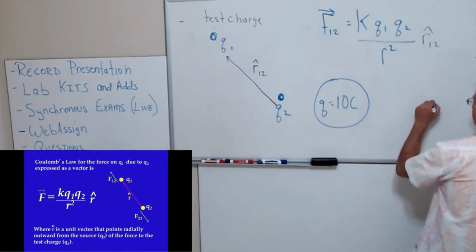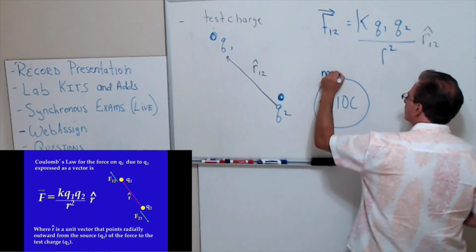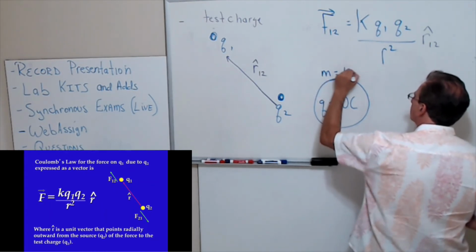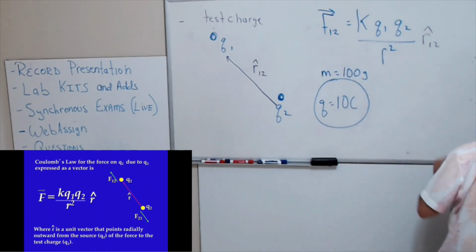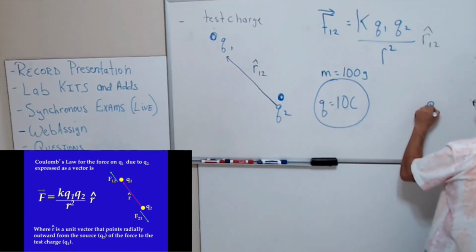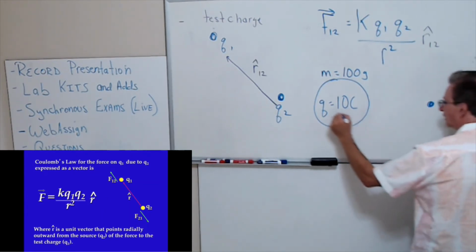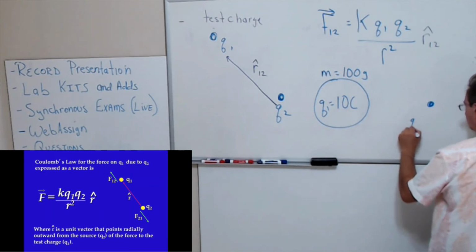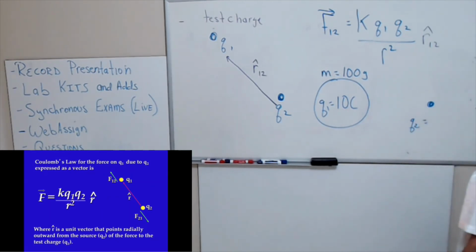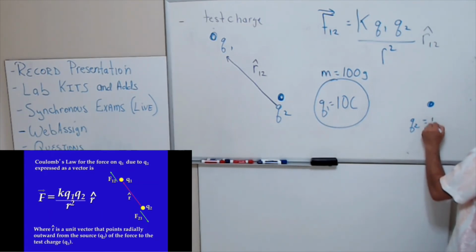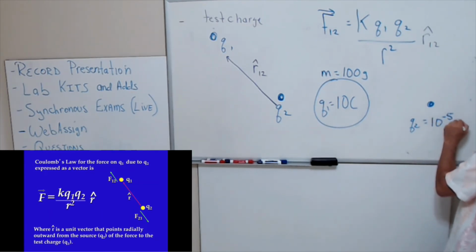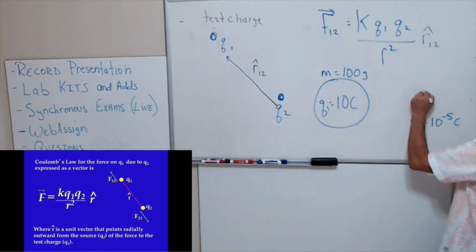And then we have a little object, and let's say this mass is 100 grams. We'll call this Q1, we'll call this Q2, and the charge on it is 10 to the minus 5 coulombs. It's 1 gram.